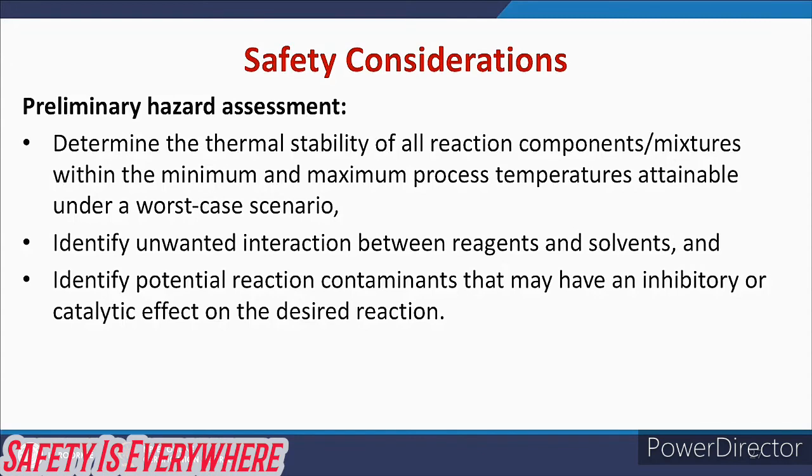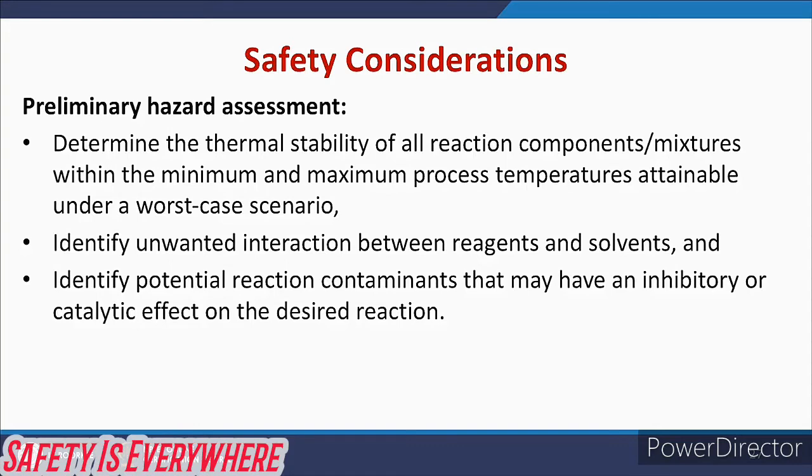So let us have a preliminary hazard assessment in safety consideration. You need to determine the thermal stability of all reaction components or mixtures within the minimum and maximum process temperature which you can attain under the worst case scenario, because worst case scenarios are sometimes the deciding factors. You need to identify the unwanted interactions between the reagents and the solvent.